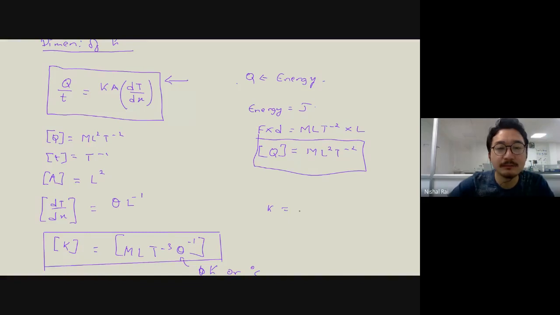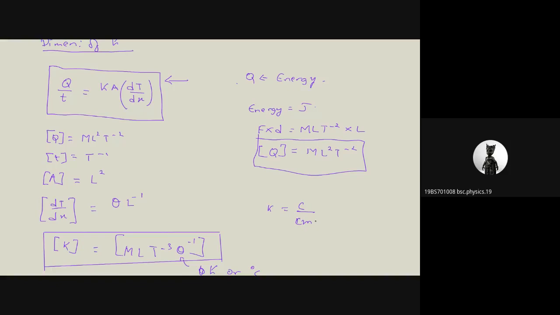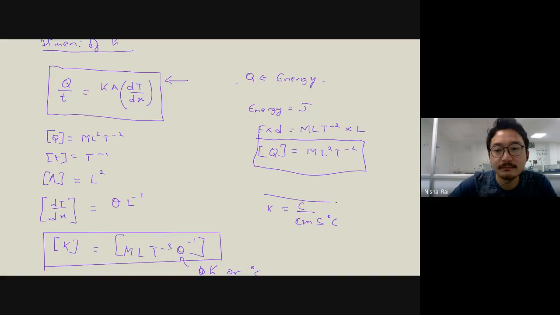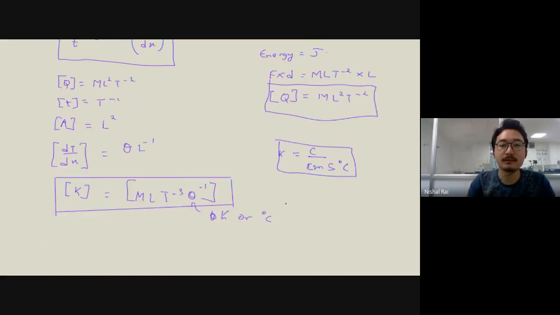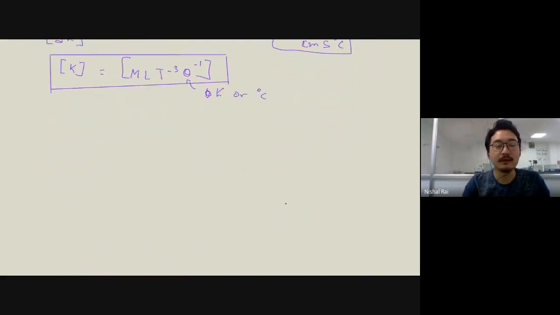Conductivity was basically calorie per centimeter, per second, per degree Celsius. So this was the unit of thermal conductivity, and this was the dimension of your thermal conductivity.